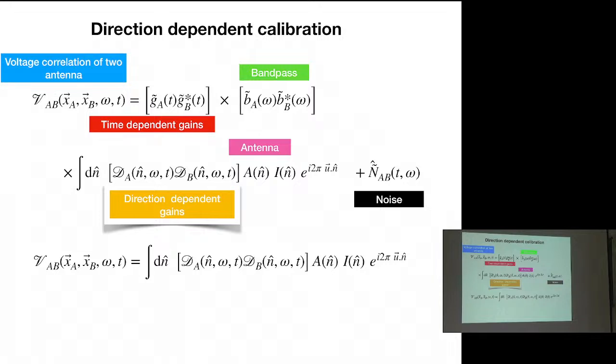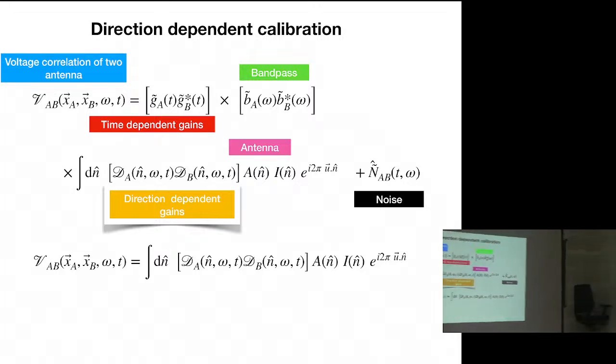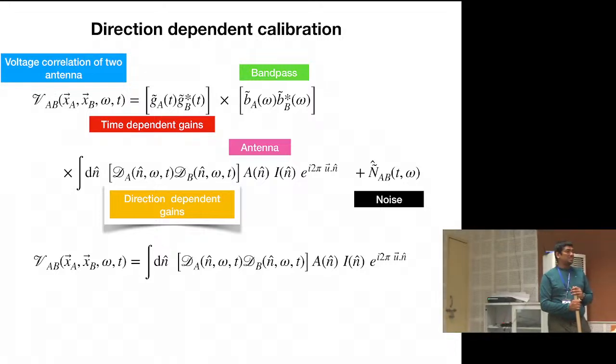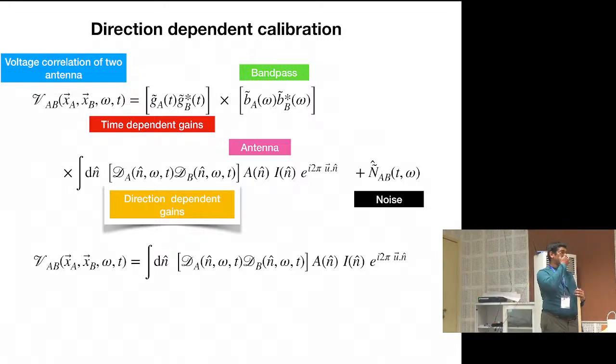But when you talk about calibrating for polarization, there is something called polarization leakage, which is that the signal which you should have detected in R, part of that goes into the L polarization. If there is polarization leakage, then you have to take care of it. So that part is not considered at all.